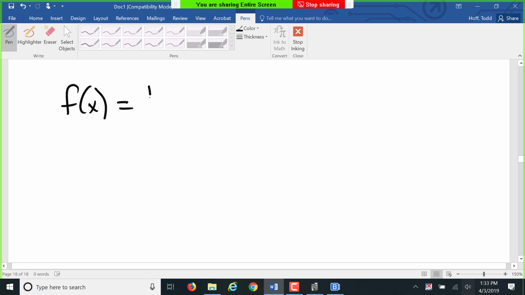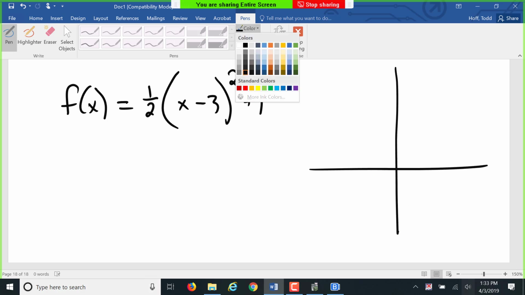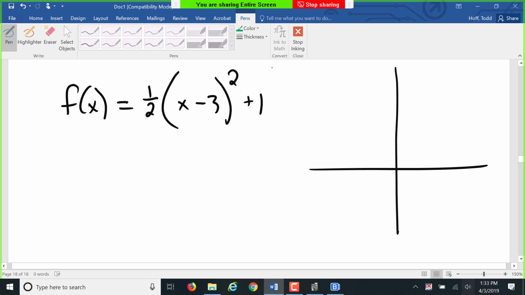So f of x equals 1/2 (x minus 3) squared plus 1. The vertex is where? (3, 1). Very good. 1, 2, 3, 1, right there. Now, because of this 1/2 here, we go over 1. 1 squared is 1. We're only going to go up 1/2.